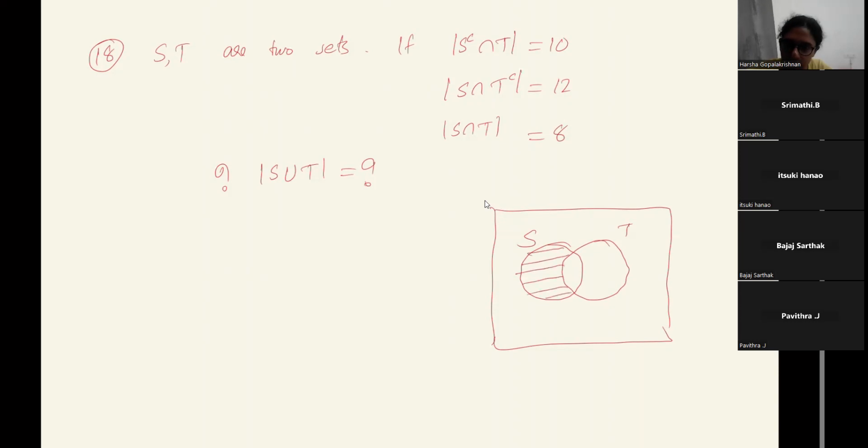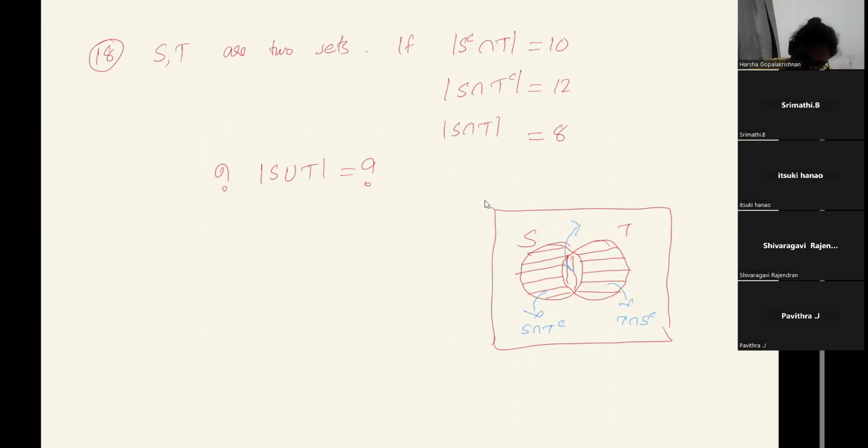And this is S intersection T complement, the first one. And this is T intersection S complement. And what is this region?